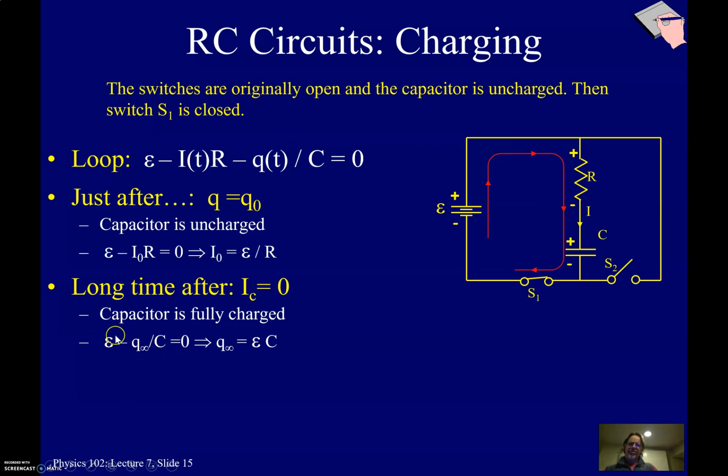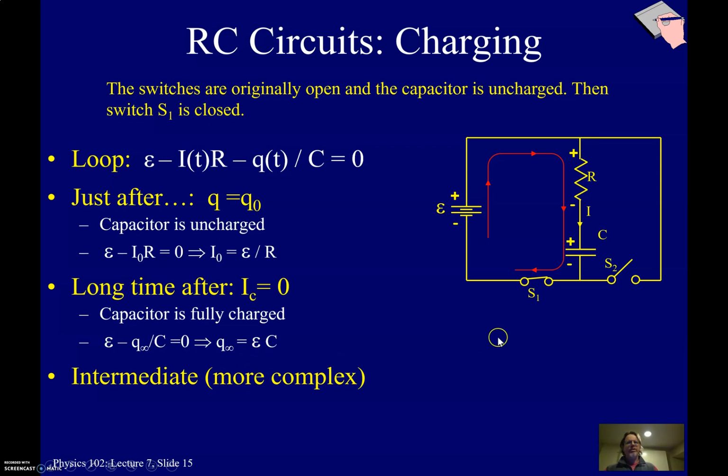Meaning that your EMF across your battery in this particular case is the same thing as the EMF across your capacitor, so they equal each other. Remember, this is your maximum charge at infinite time. Not infinite charge, it's an infinite amount of time. When you're fully charged, per the capacitance, it's the same potential.